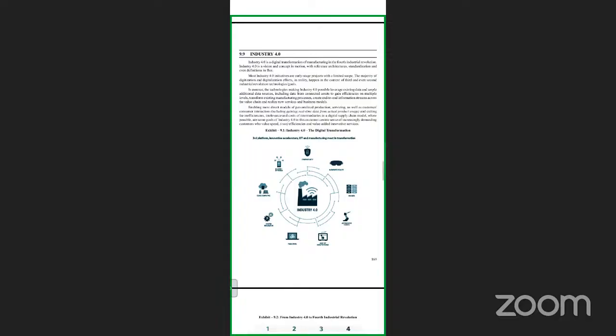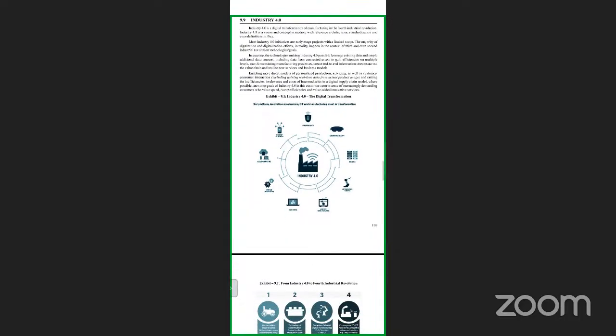Some goals of Industry 4.0 are in this customer-centric sense of increasingly demanding customers who want value, speed, efficiency, and value-added innovative services. In Industry 4.0, the digital transformation, 3D platform, innovative accelerators, OT, and manufacturing meet in the transformation.